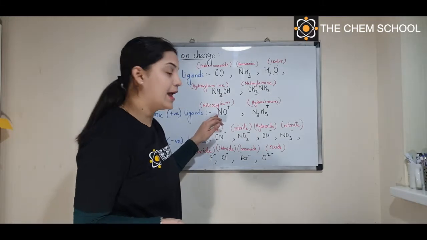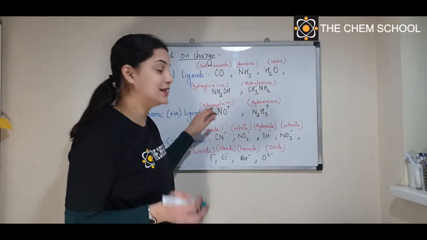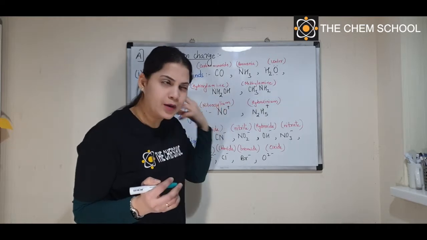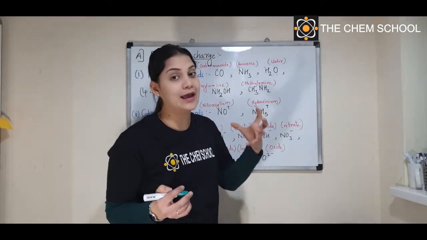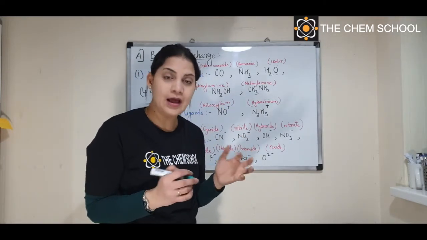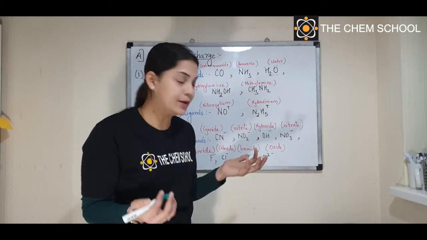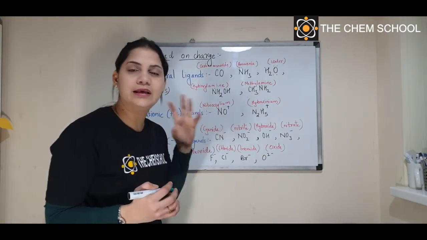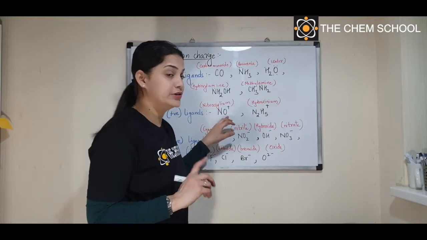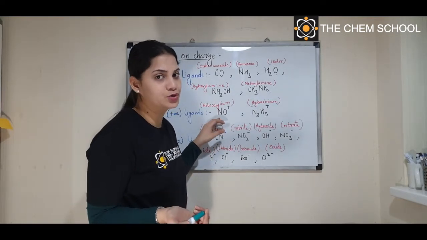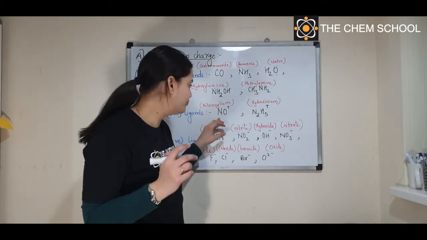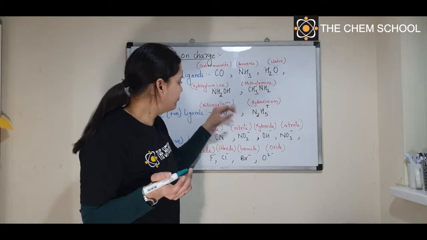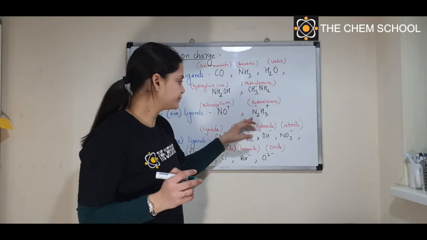When you talk about NO+, which is called the nitrosonium ion, whenever you have this 'ium', remember that this is related to a cation: ammonium, oxenium, nitronium, similarly nitrosonium. So they are cationic. The name says that they are cationic. Oxygen cannot be the donor here, so definitely nitrogen is going to donate a pair of electrons, but because it is donating a lone pair, you cannot say it is neutral. Why? Because somewhere it has a positive charge.